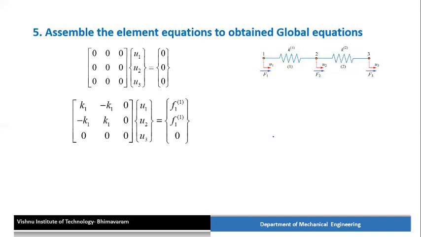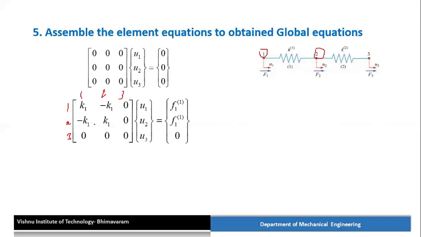These places are node 1 and node 2, and at the same time the global places are also node 1 and node 2, corresponding to nodes 1, 2, 3. So first we place the first element stiffness matrix into the global matrix.